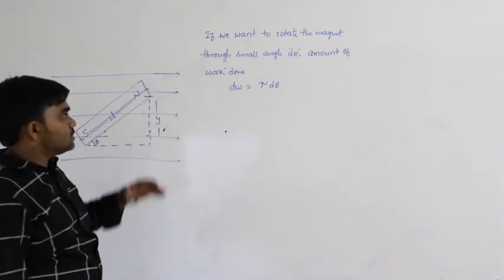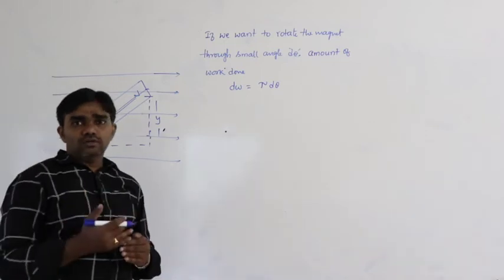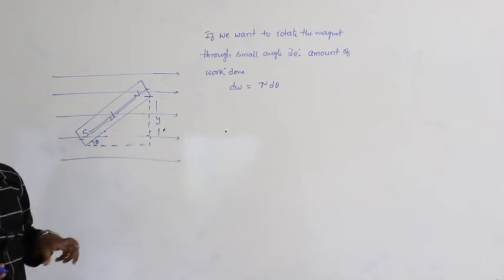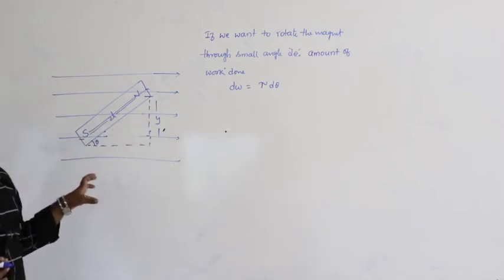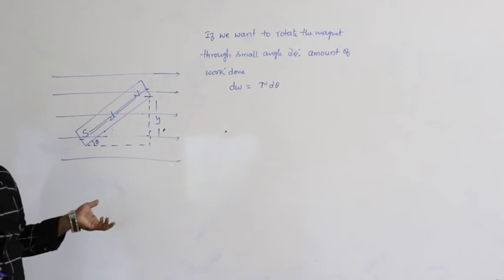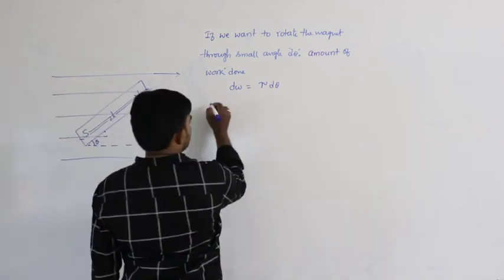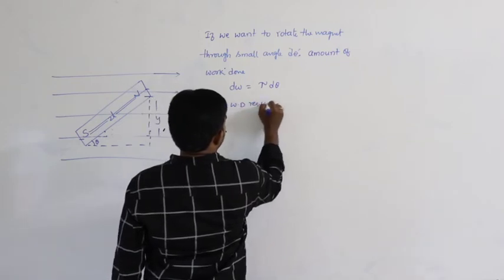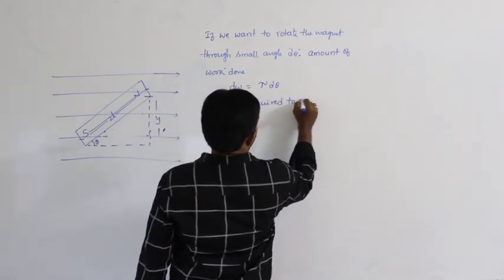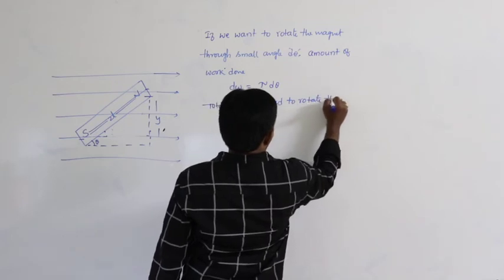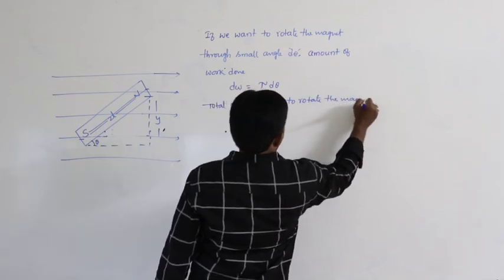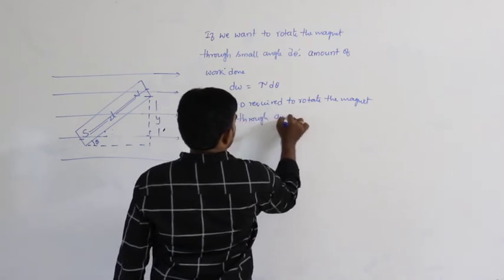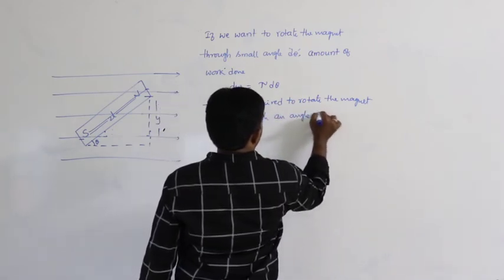So here the concept is, what is the amount of work done stored in the magnet when it is rotated through an angle theta in the magnetic field? What is the total work done required to rotate a magnet through an angle theta?